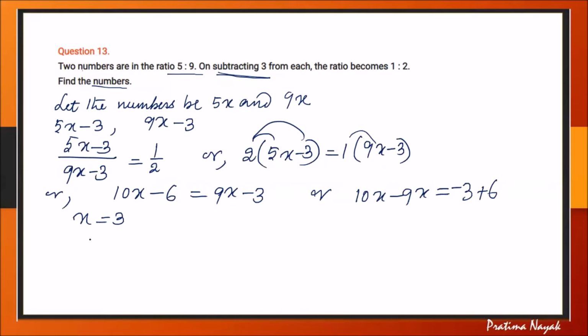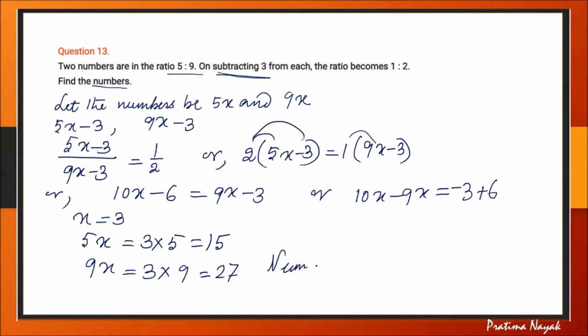No. The answer is you have to find 5x. 3 into 5, 15. We'll get 9x, 3 into 9, 27. So the numbers are 15 and 27.